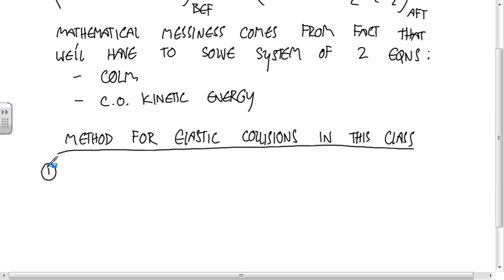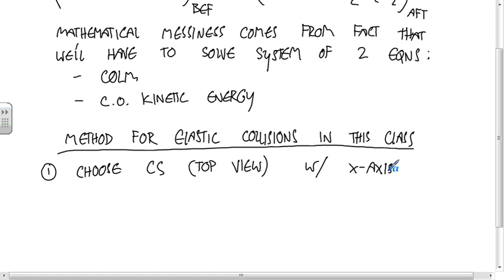The first step is to choose a coordinate system. And remember, we're always doing this in a top view. That's the same as in inelastic. And you're going to choose your coordinate system with the x-axis parallel to the motion.